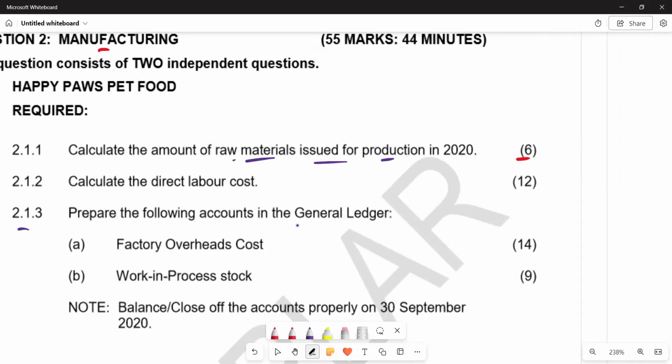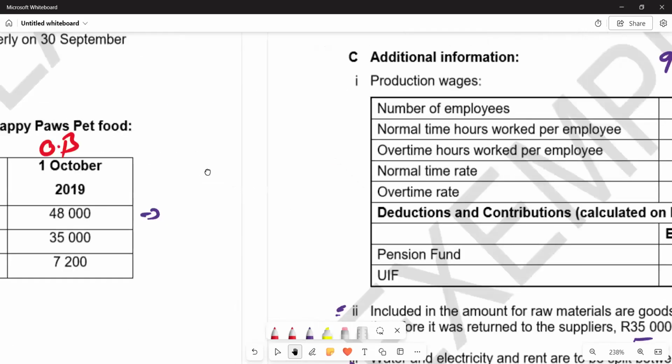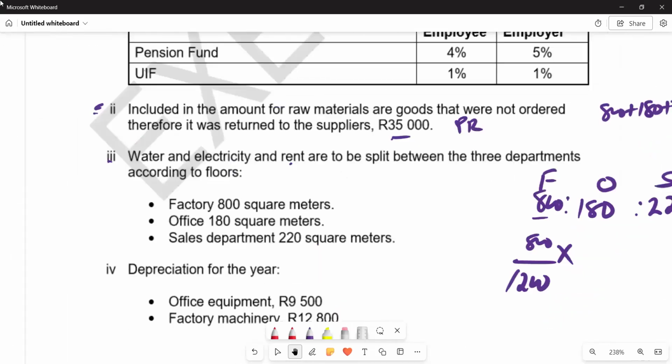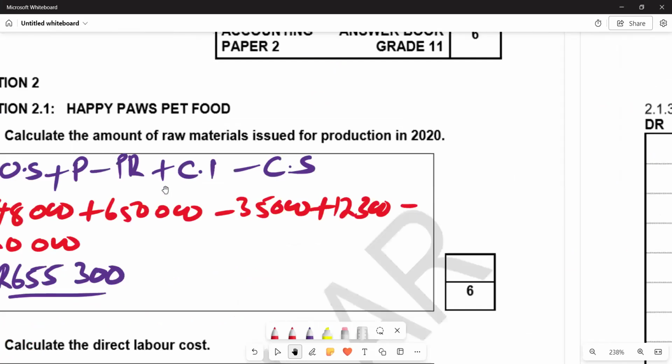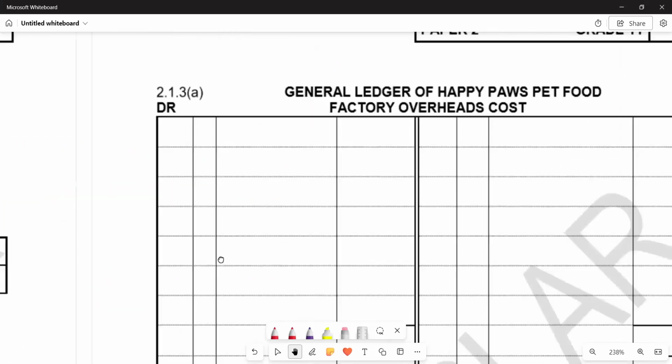So we are going to use the date September 30, 2020. This date is going to apply to all the overheads that we need to list there.